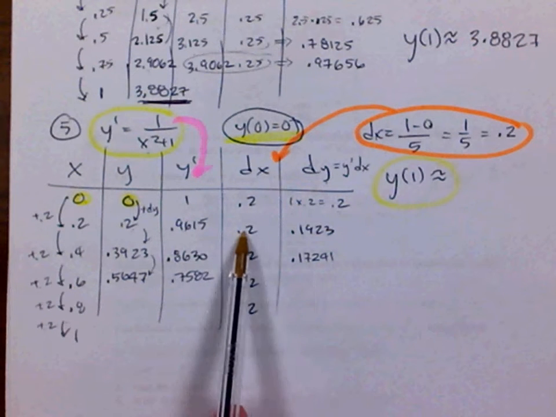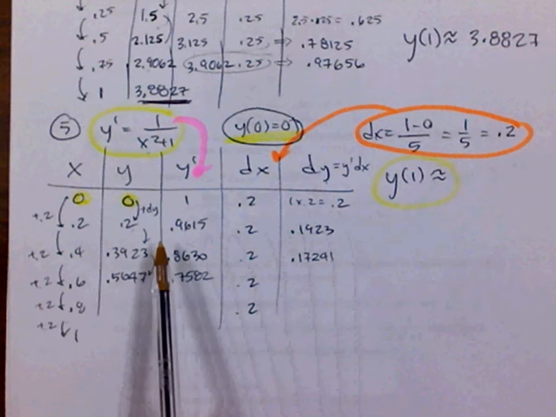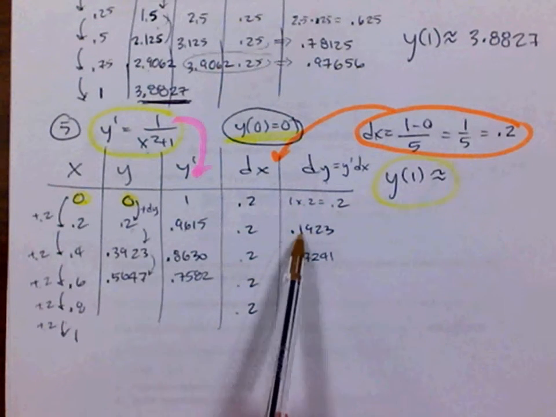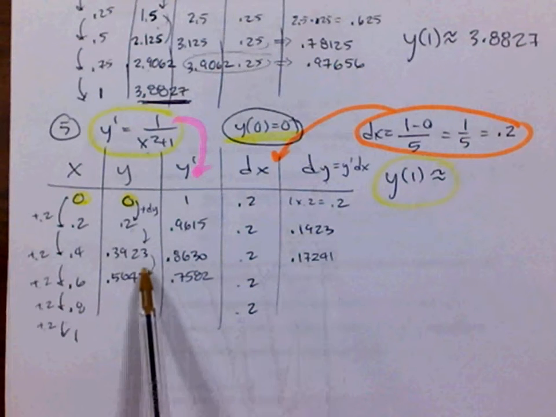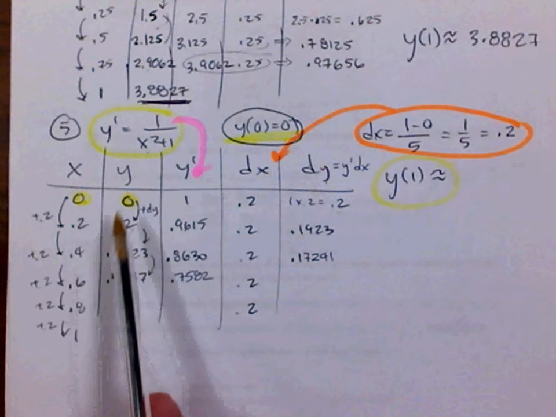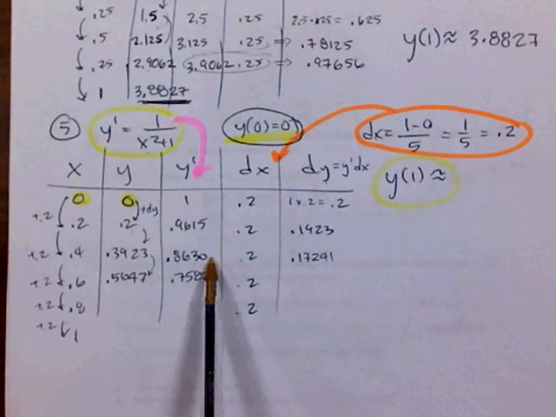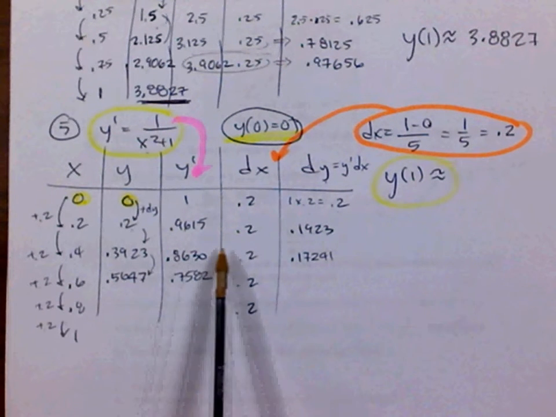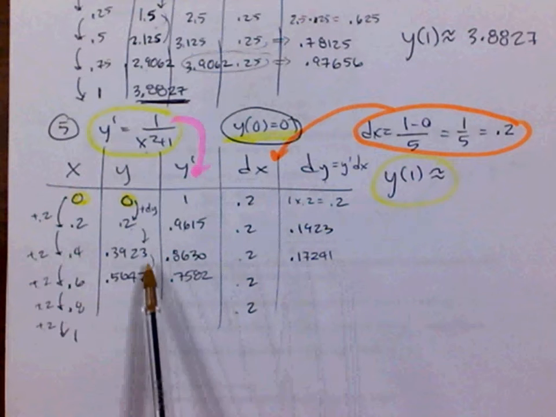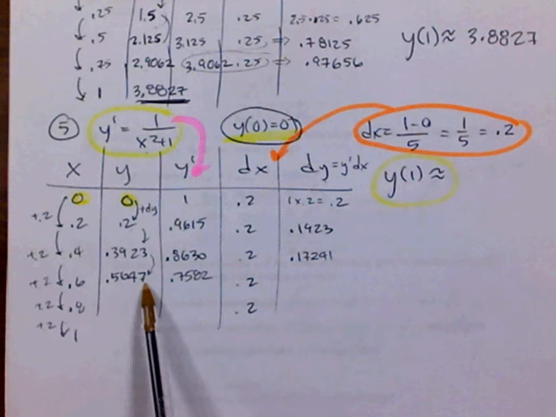Multiplying those two numbers together, we got our new dy value. dy is added to the previous y value. 0.2 plus this 0.1923 gave us the 0.3923. 0.4 in our equation, squared plus 1, reciprocal, gave us our new y prime. Y prime times 0.2 gave us this dy value. Added to the previous y value, we got 0.5647.